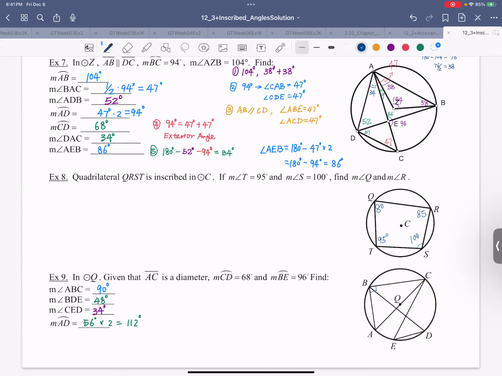Good. That is 90. This is 34. How much is this? It's 56.